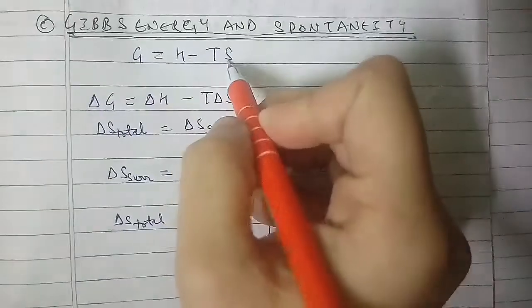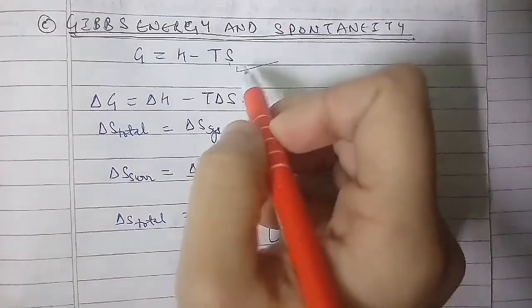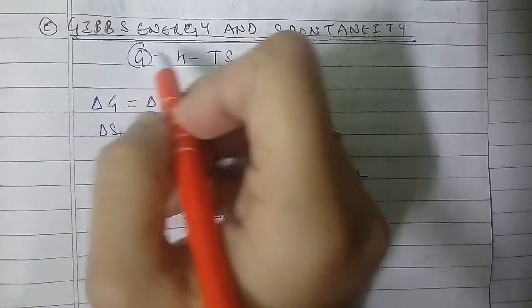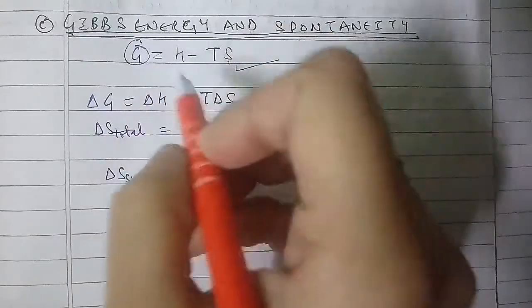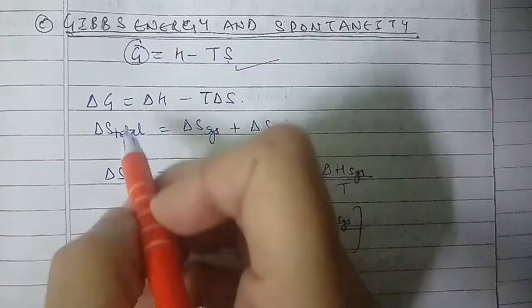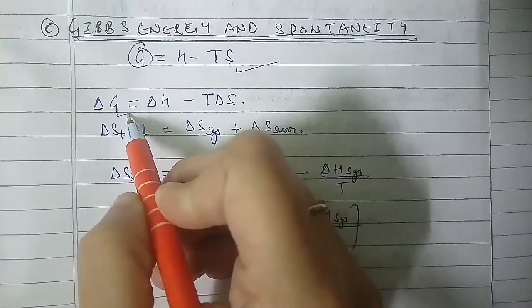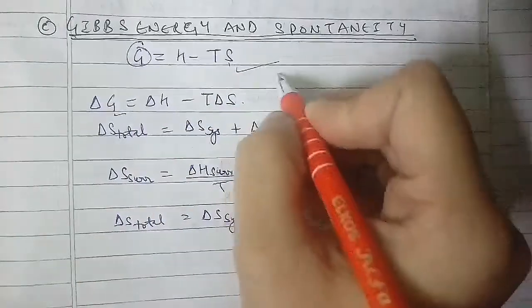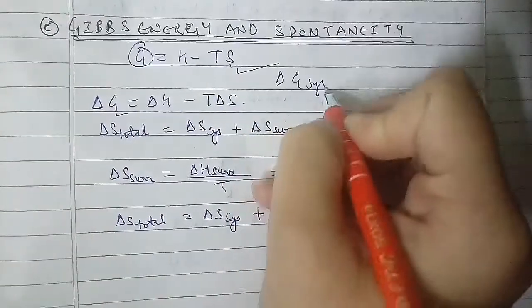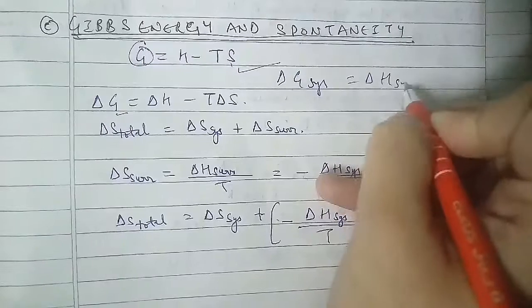Therefore the entropy change of the surroundings, delta S surroundings, equals delta H surroundings over T, which equals minus delta H system over T. So delta S total equals delta S system minus delta H system over T.